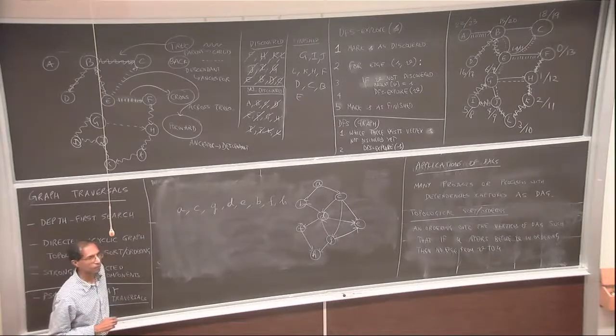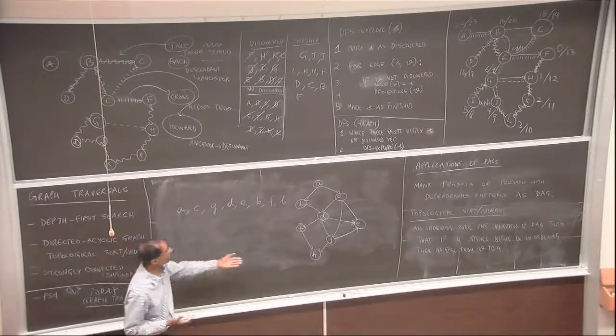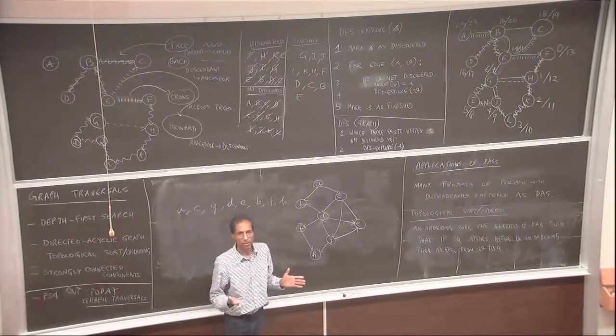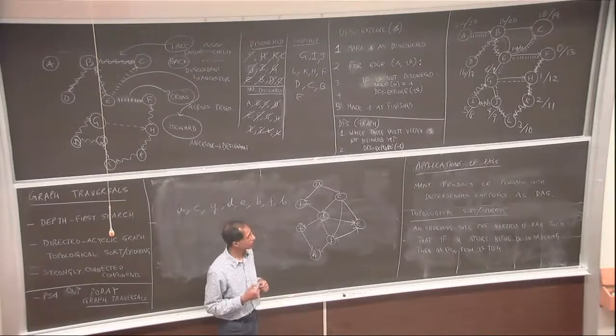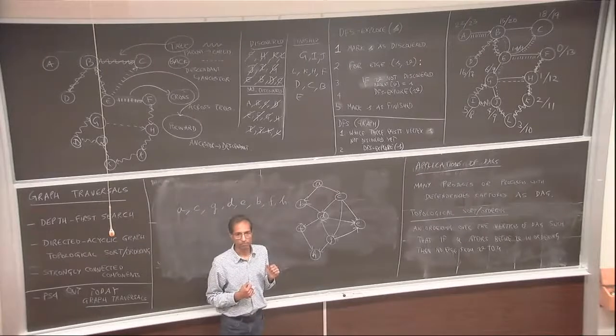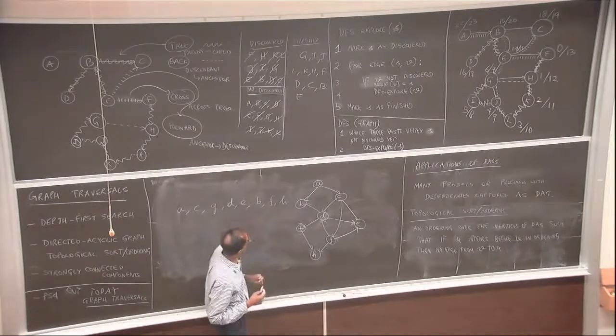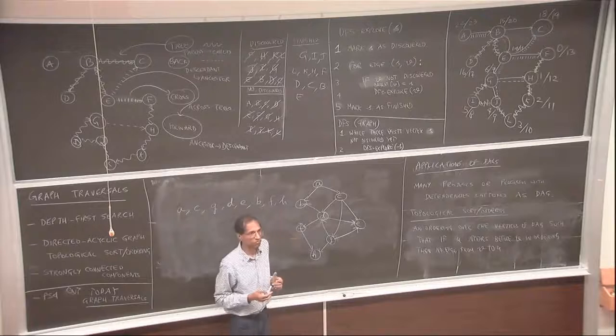Okay, so given a DAG, we know that we can check whether the graph is a DAG by just running DFS and checking for cycles. How do I find a topological order for a DAG? Well, you observe that A was the first vertex to try.